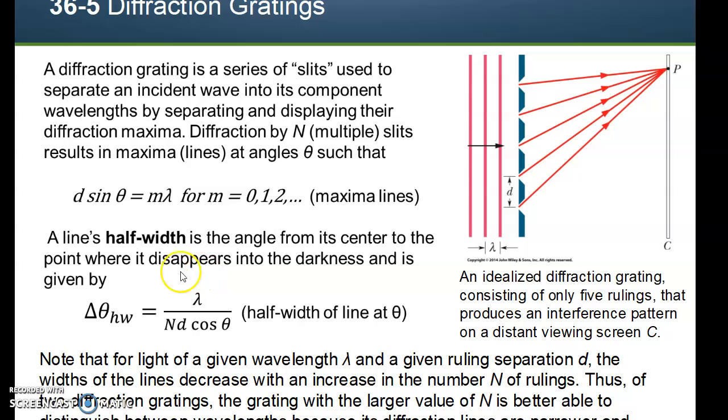It's possible to have more than that. d gives you the distance between those. This is your cosine of theta. Thus, for 2 diffraction gratings, the grating with a larger value of N is better able to distinguish between wavelengths because its diffraction lines are narrower and less likely to overlap. That's a key fact of how these things work.